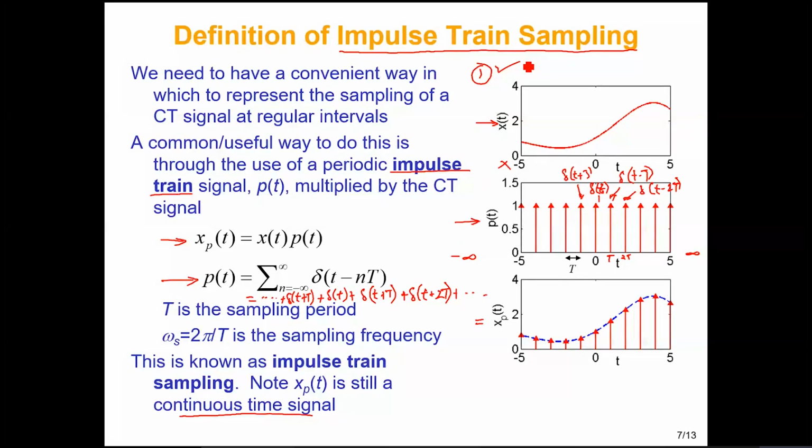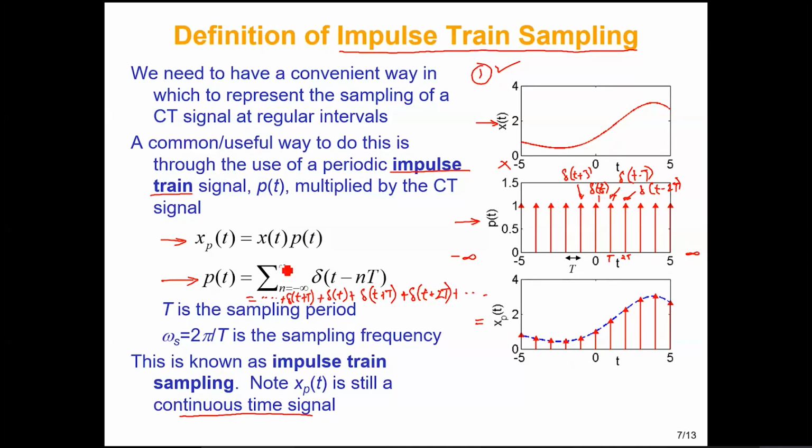The second thing is what is actually happening in the frequency domain. That is what we're going to see in a few moments. And the third aspect is we write equations for what is happening in the time domain and in the frequency domain. In the time domain, x of t is getting multiplied by p of t, and p of t we can write in equation shape as a set of shifted impulses.